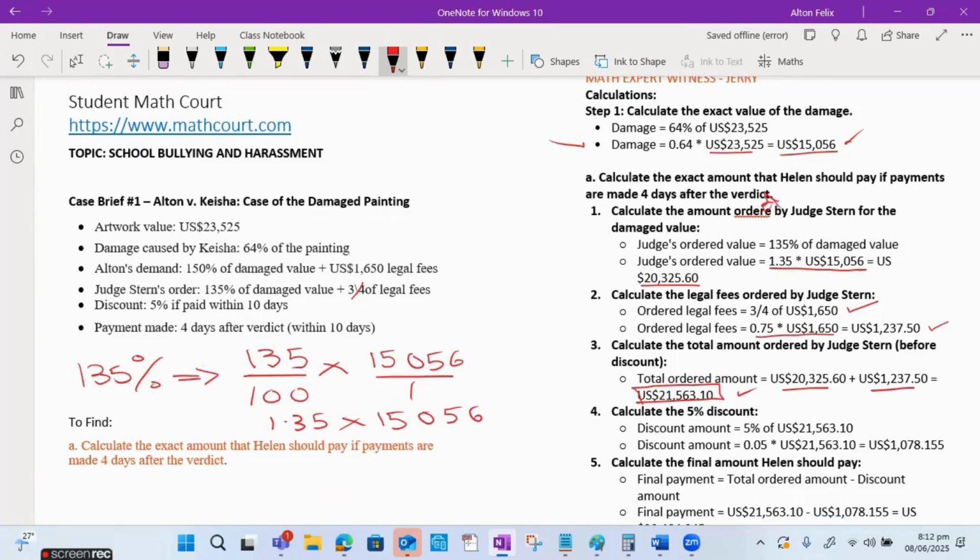One simple act done by Keisha, who has been described as a school bully, damaging Alton's property, has caused Helen to be liable for a grand total of $21,563.10.